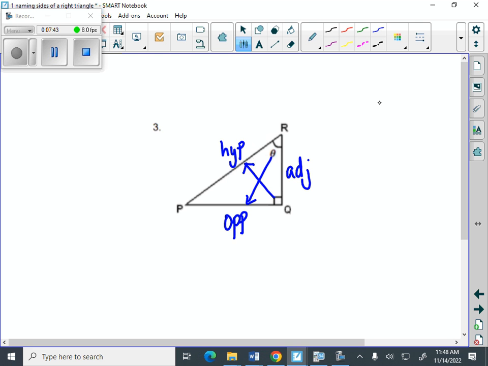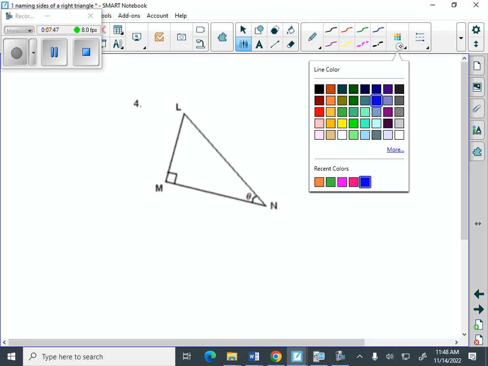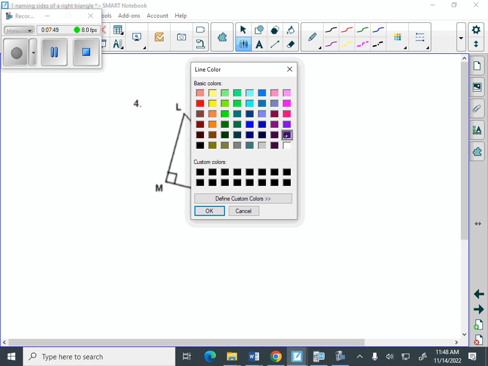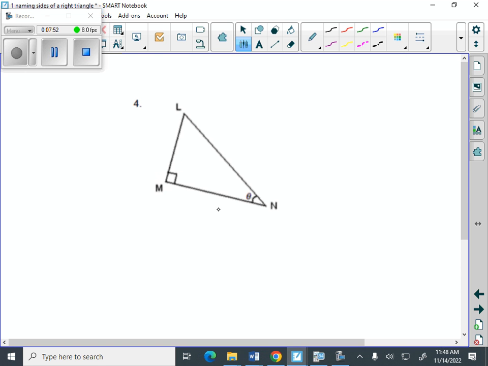And lastly, right angle: across from the right angle is the hypotenuse. Across from theta, the Greek letter that represents an angle, there's the opposite. And that means that our third side, the side that touches the reference angle, is the adjacent.